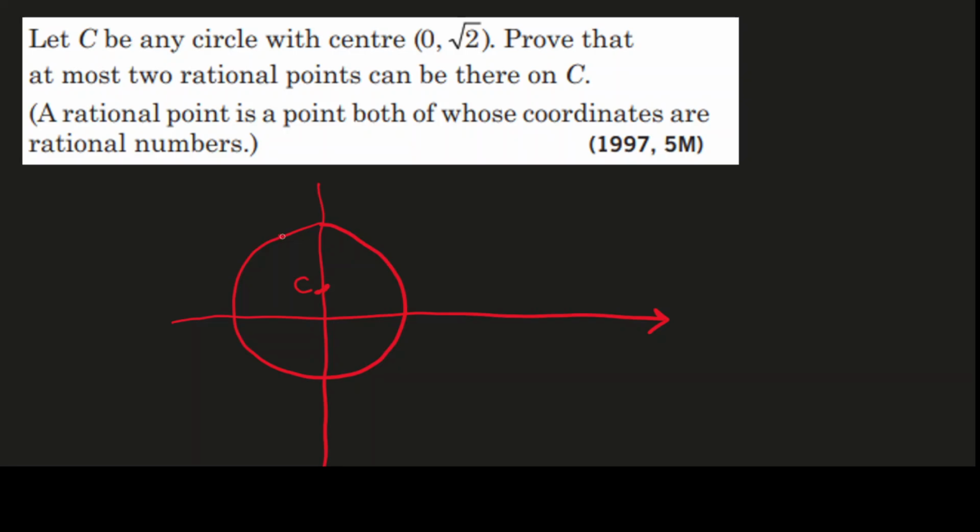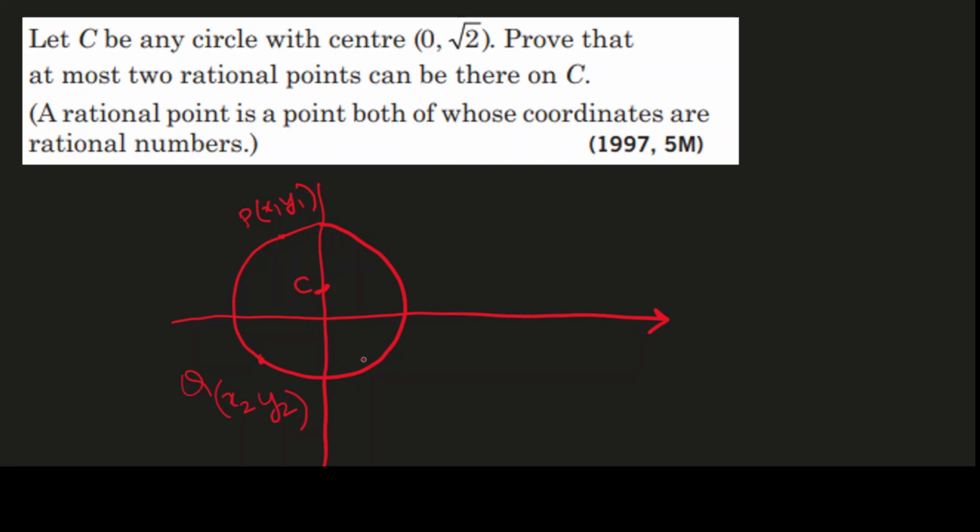Let's say that point P is (x1, y1), Q somewhere here is (x2, y2).